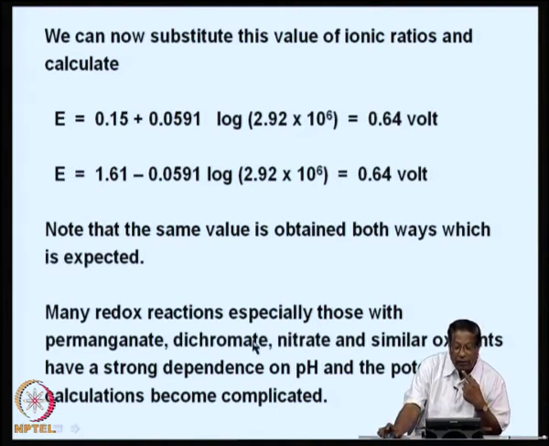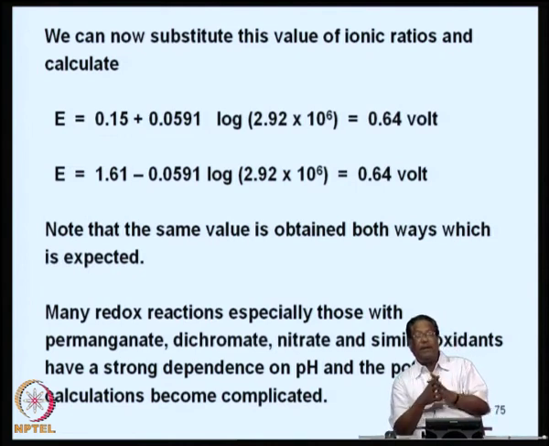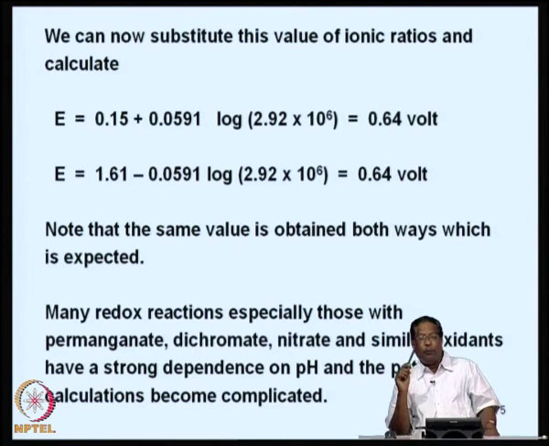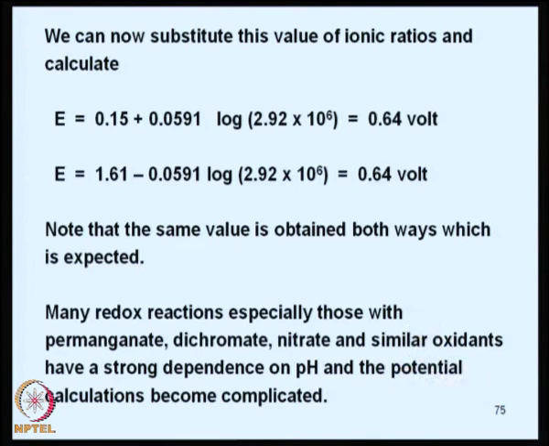Many redox reactions, especially those of permanganate, dichromate, nitrate and other similar oxidants, have a strong dependence on pH. You can recall that in the ceric to cerous reaction, nowhere have we written the pH or acid value.